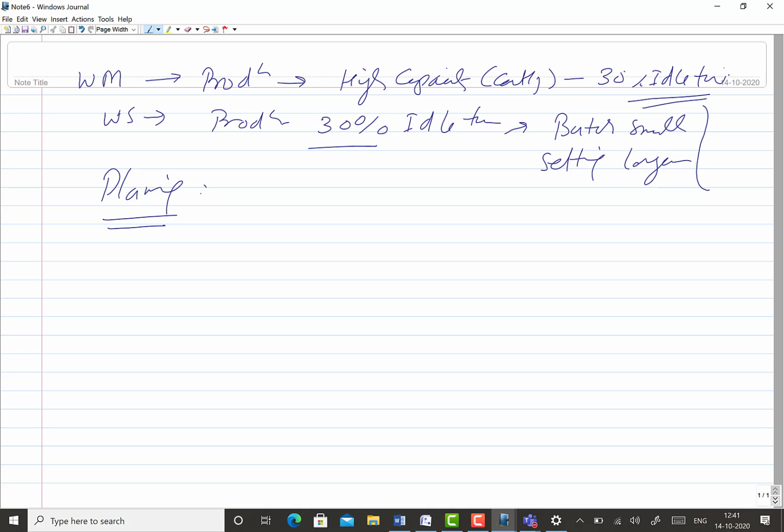So the matter reached the planning department: why are you giving the small batches? Why don't you plan and club the orders so that the batch size can be enhanced?